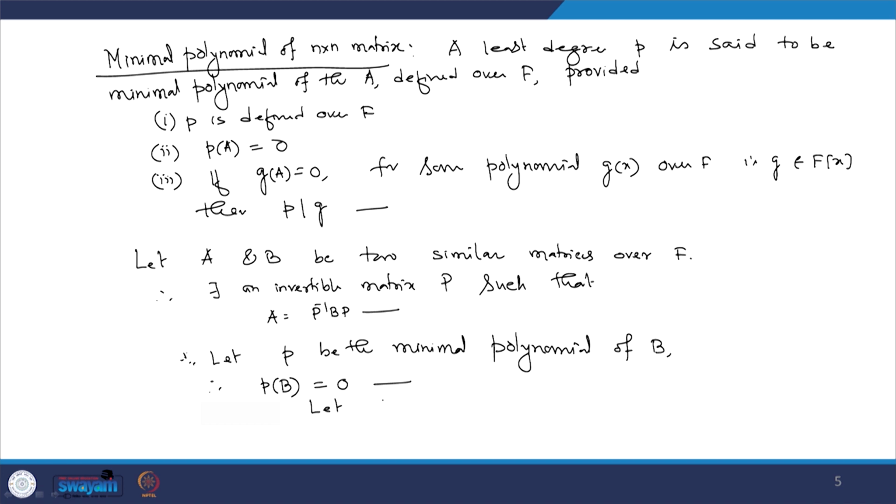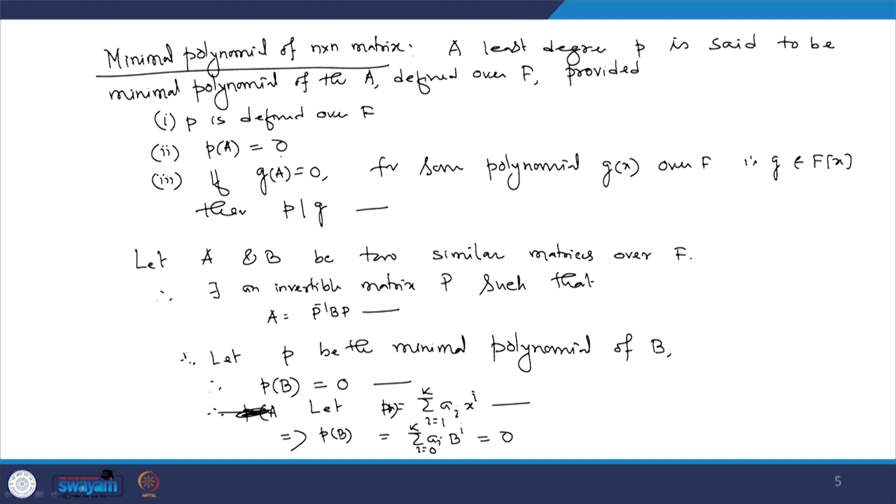Let p(x) equal to sigma a_i x to the power i, i equal to 0 to k. So, this implies p(B) equal to sigma a_i B to the power i, i equal to 0 to k, and this is equal to 0, it is given to us. So, what can you say about p(A)?